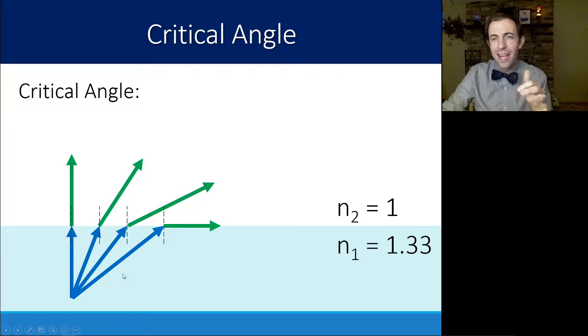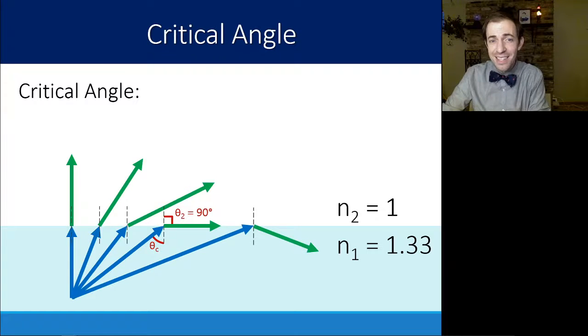And then there's a certain angle at which it bends so much that it's perfectly parallel with the surface. If it's perfectly parallel with the surface, the angle with the normal line is exactly 90 degrees. That's a right angle. We're going to call this incident angle that results in that 90 degrees theta c. That's the critical angle.